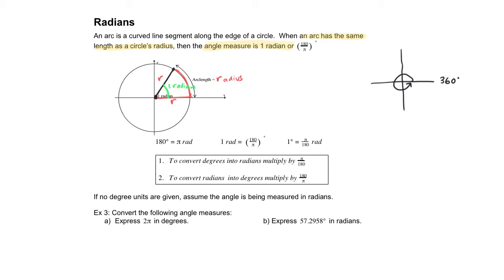Okay, so how many radians does it take to get around the circle? Well, you can actually do this with something round, like a coffee filter or something like that. It turns out that there's one, there's another one.